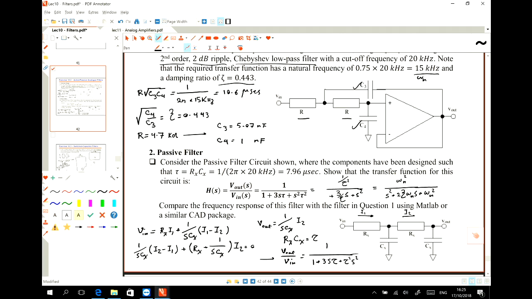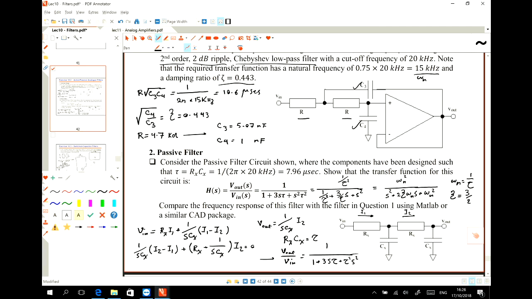So from this, we can understand that omega n equals 1 over tau. Guys, be with me. So omega n is 1 over tau, and then zeta equals 3 over 2.